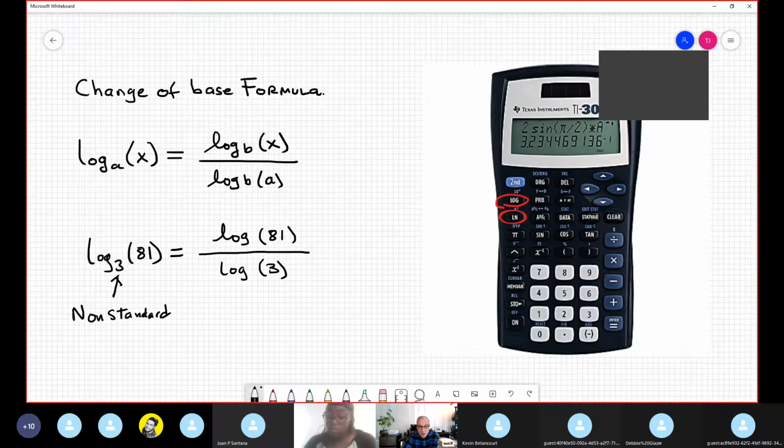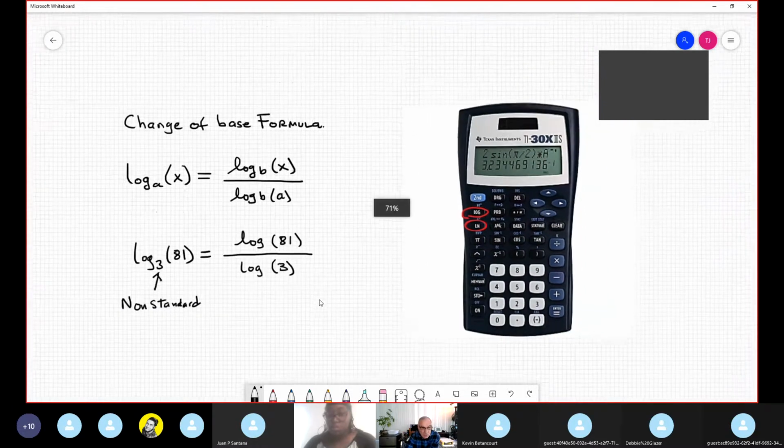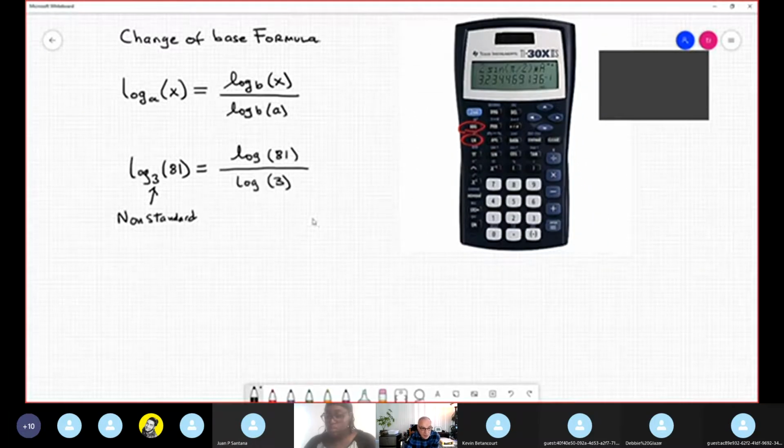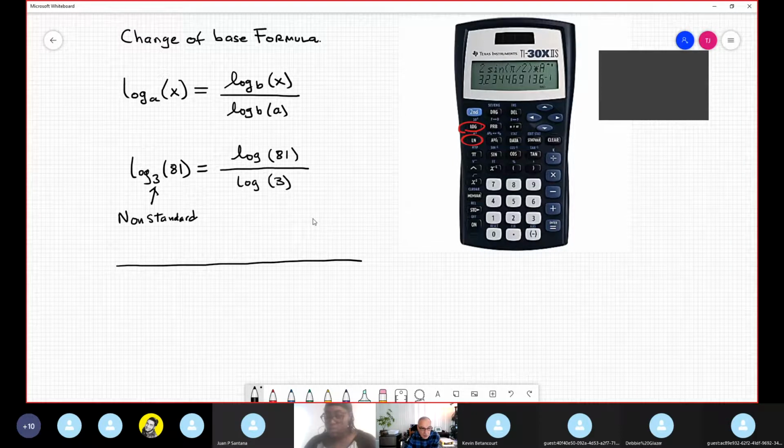Then you put this in the calculator. How? Suppose this is my display. Look, in my display, I press clear, then I press this key, log.